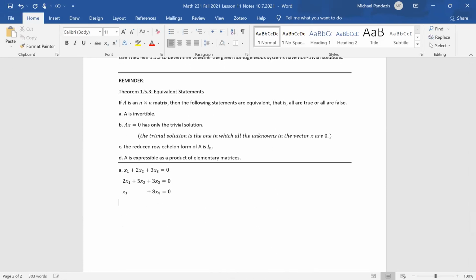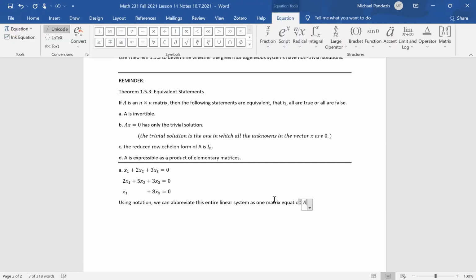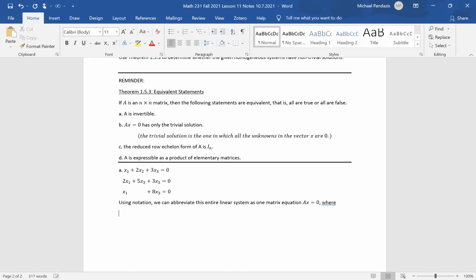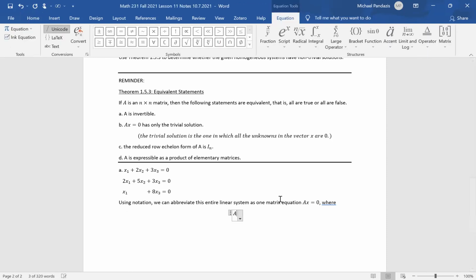Using notation, we can abbreviate this entire linear system as one matrix equation, AX equals 0, where the matrix A is the coefficient matrix of that linear system.